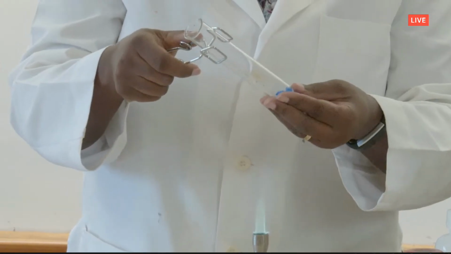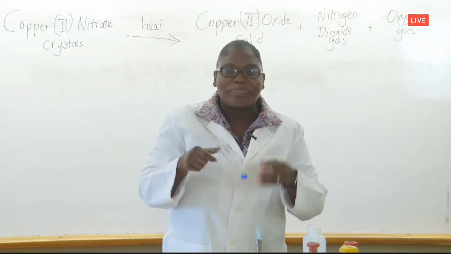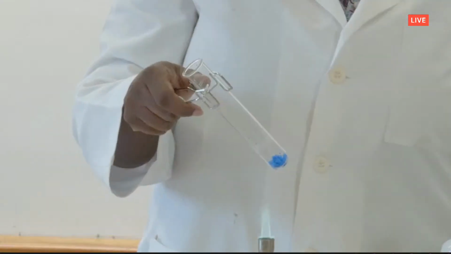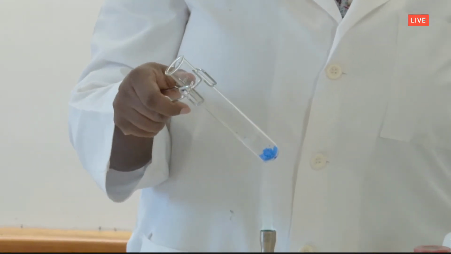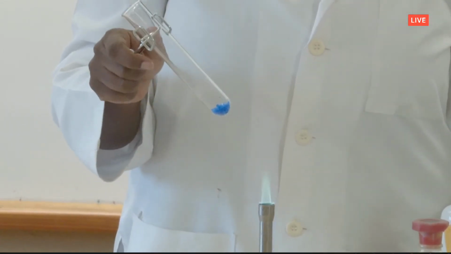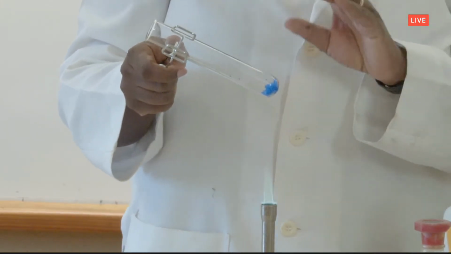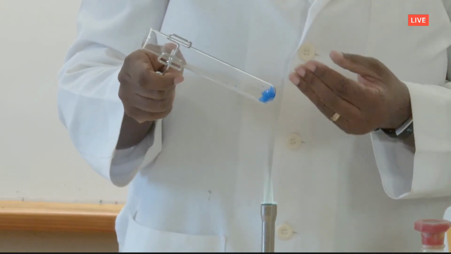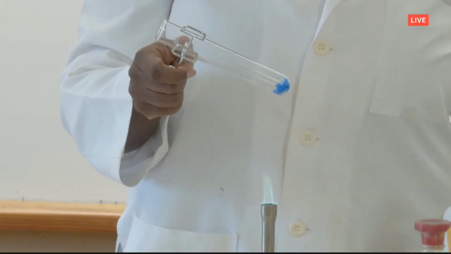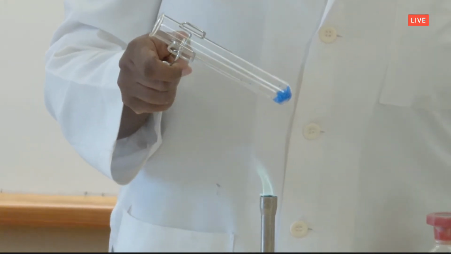The next thing, you want to make sure it doesn't have any cracks because it will break. And when you're heating, you want to heat strongly, but you still want to pass the tube through the flame. So you're going to aim for the blue part of the flame, and you're going to heat it strongly and still moving it, okay?